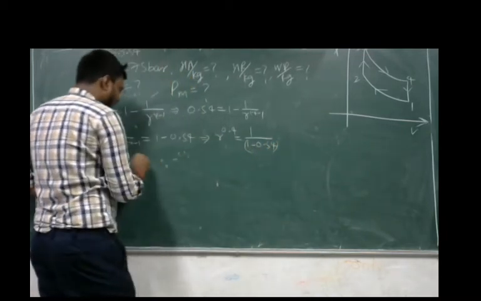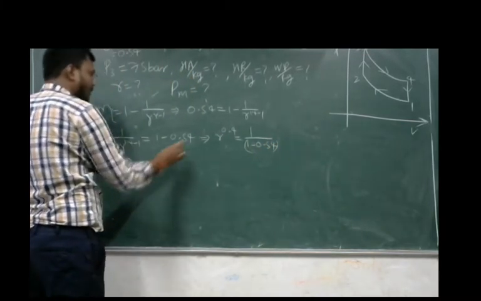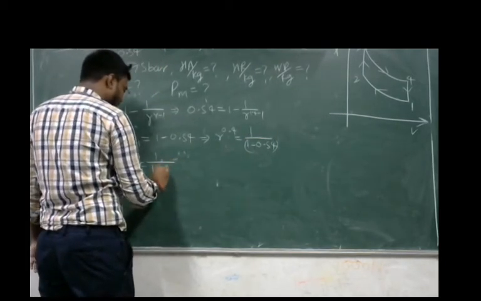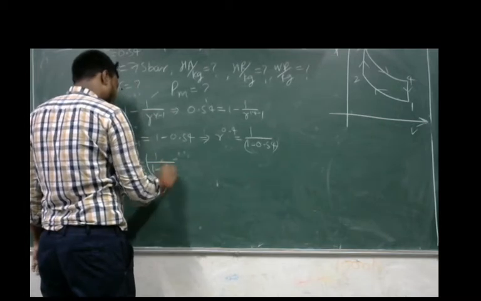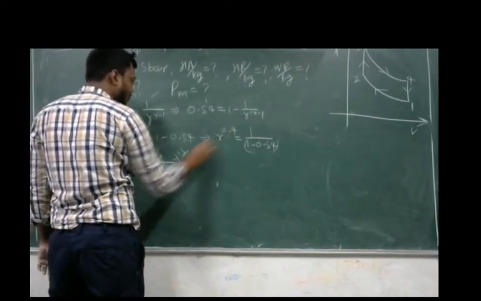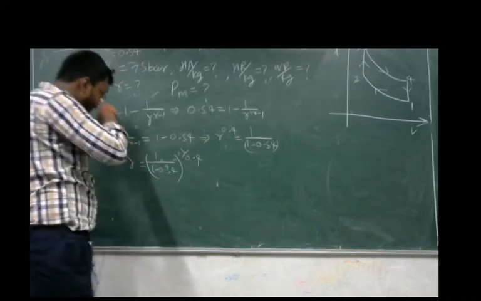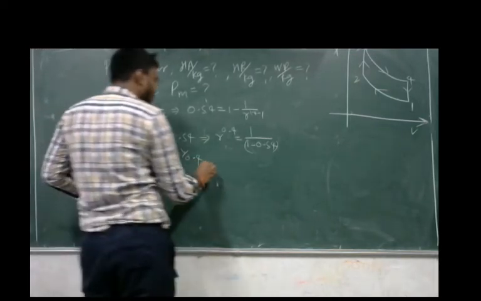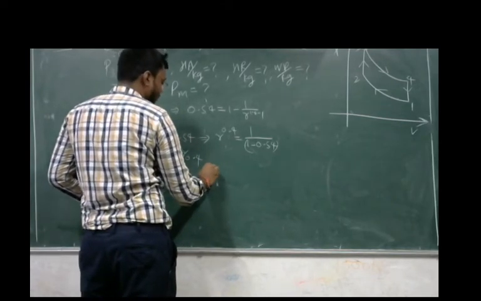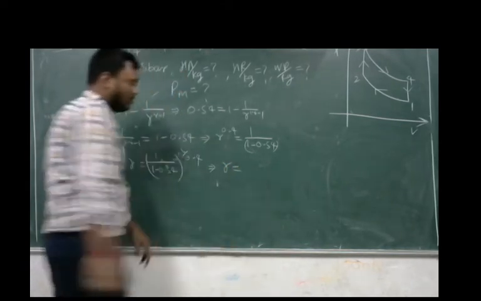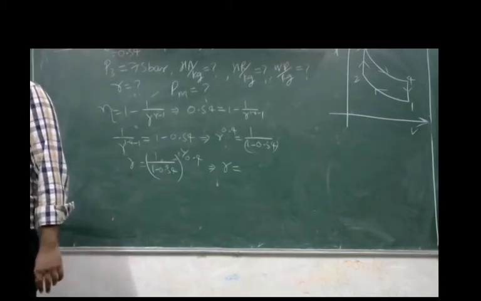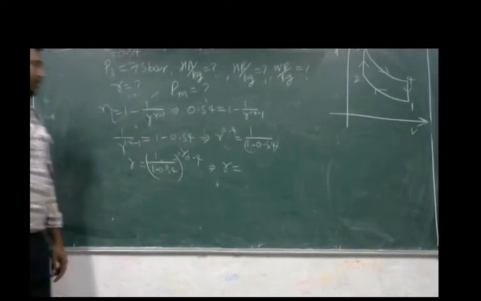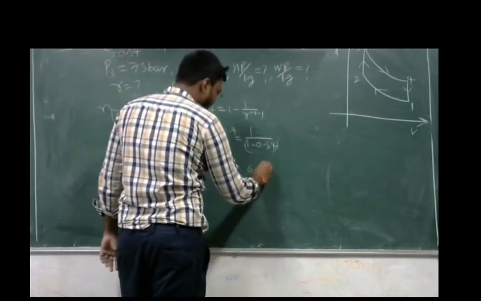So r is equal to (1 by 1 minus 0.54) whole to the power 1 by 0.4, if we transfer the power to this side. If you calculate this value, you get the compression ratio r, which comes equal to 6.94.